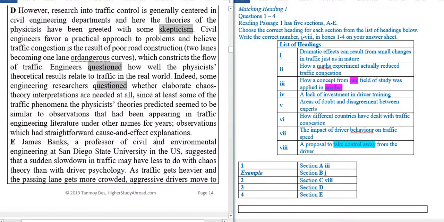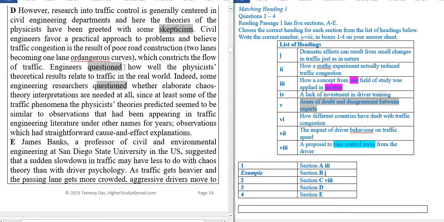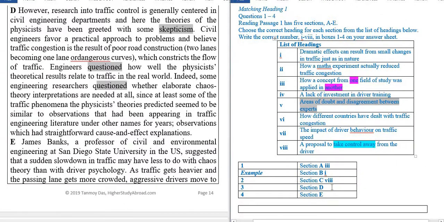So this is a disagreement. So you can see there are some contradictory statements. So the answer is area of doubt and disagreement, because there are several skepticism questions. Okay, so answer is 5.